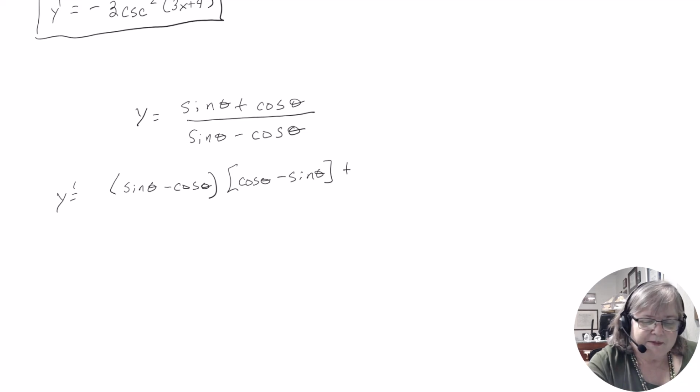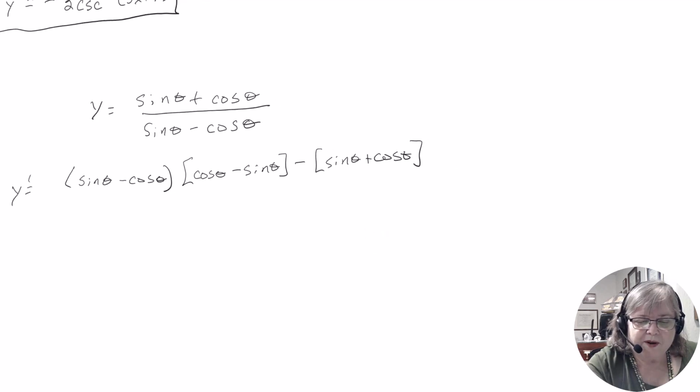Plus the minus the top times the derivative of the bottom. The derivative of sine theta is cosine theta. The derivative of minus cosine theta is minus a minus, right? Minus a minus sine theta. So it turns out to be plus sine theta.